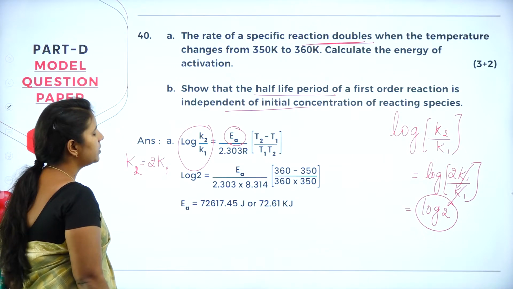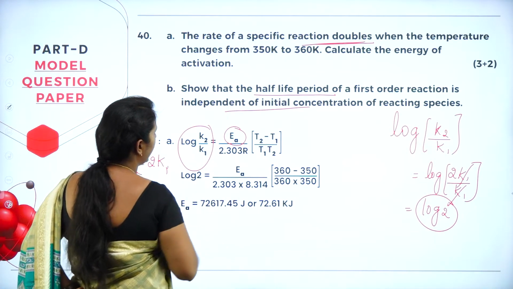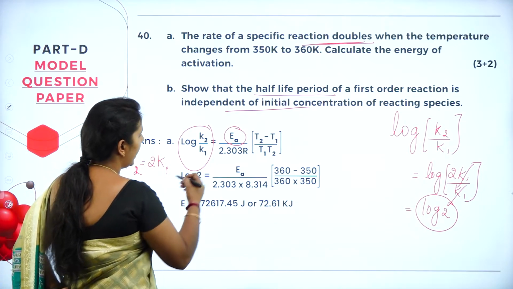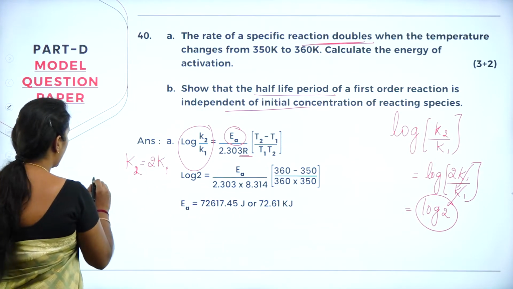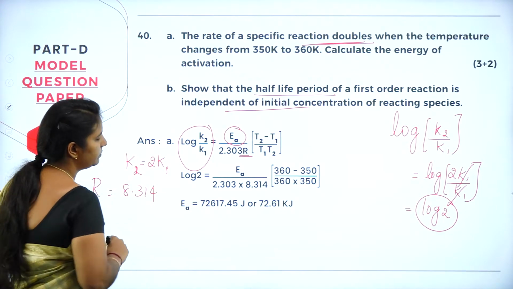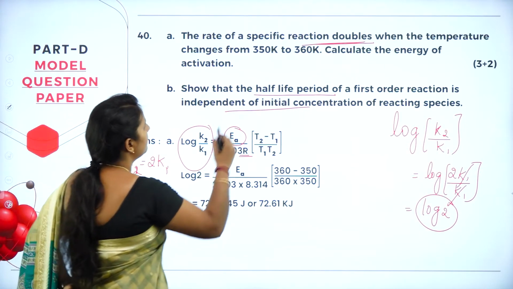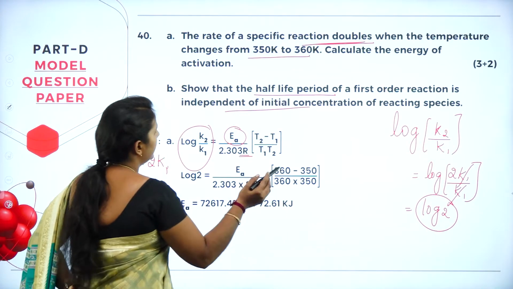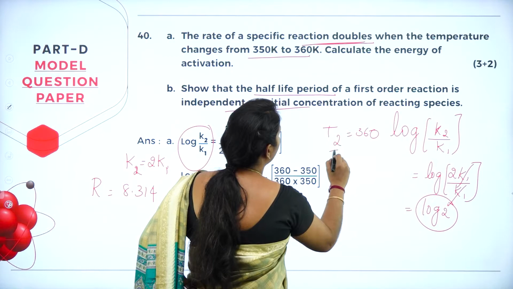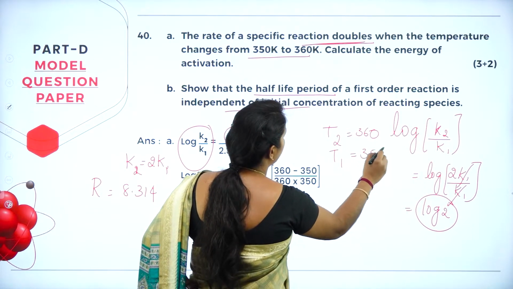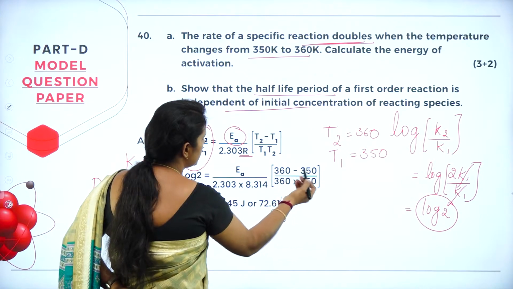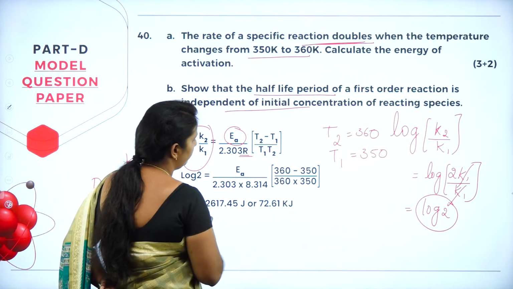Then, coming to the numerical, we know that we have to calculate the EA value. So I will take out the EA outside, and we know the value of R, that is 8.314. And they have given the difference in temperature, that is T2 is 360 and T1 is 350. That is T2 minus T1, 360 minus 350, divided by 360 into 350.